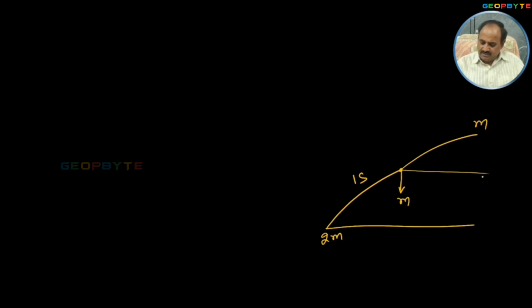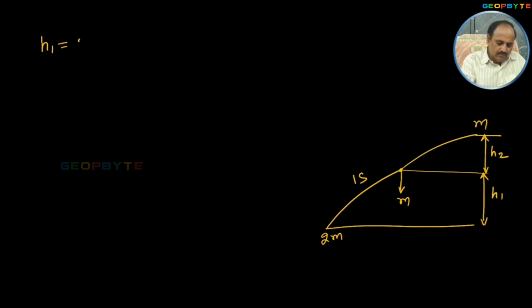By the time explosion is happening, there is the distance traveled h1, and after explosion, the distance traveled by the particle h2. Now h1 equal to uy t minus half g t squared.